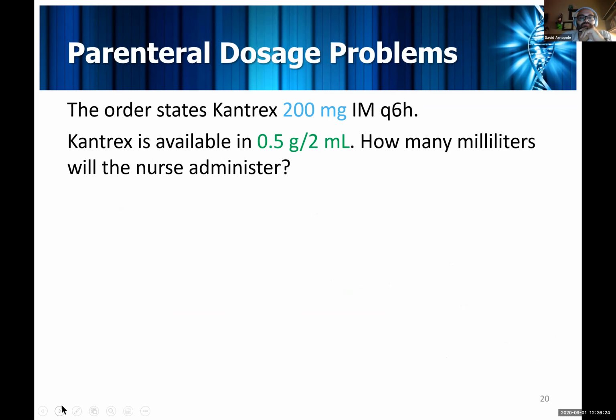All right. The order states Cantrex 200 milligrams IM Q6 hours. That's in the muscle every 6 hours. Cantrex is available 0.5 grams per 2 mLs.